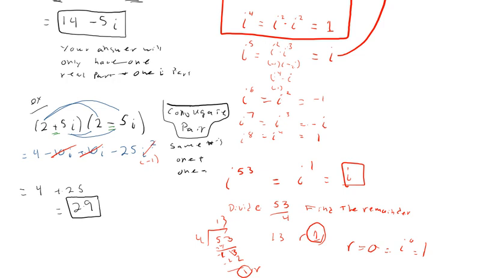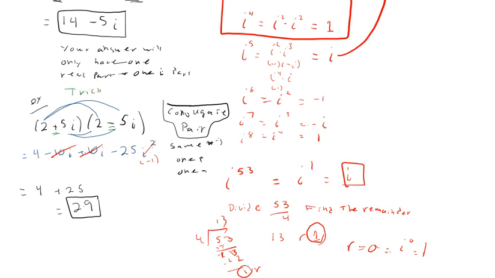It's an important type of multiplication that you do. And there's a really easy trick for these conjugate pairs. The trick is, take the first number, the 2.